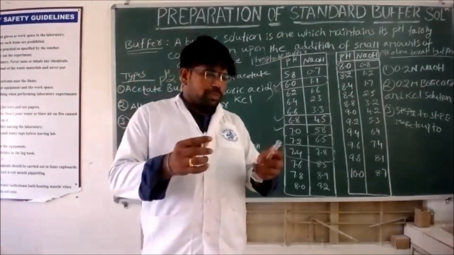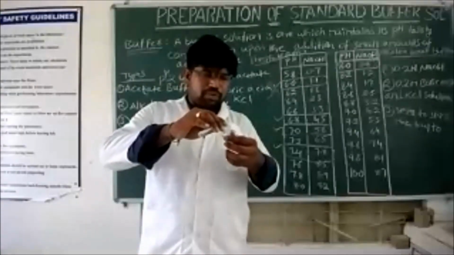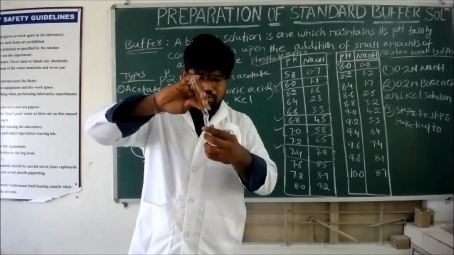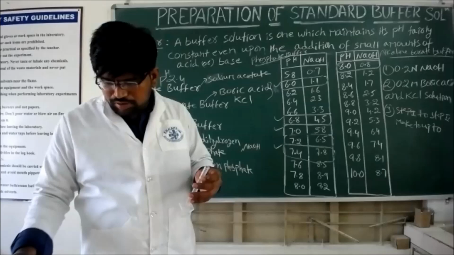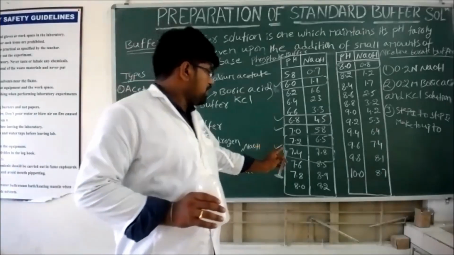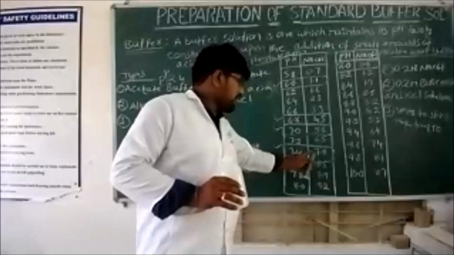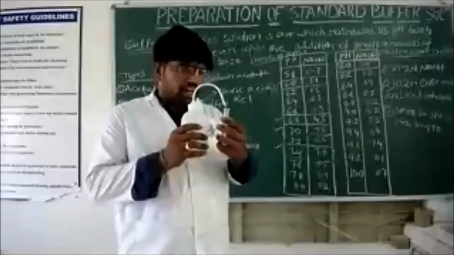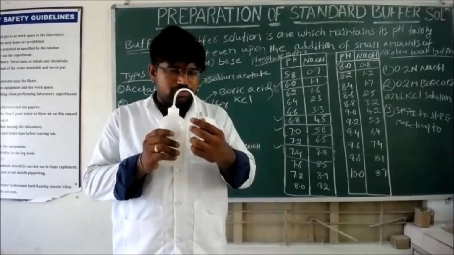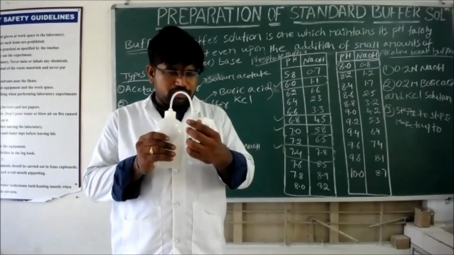After adding the sodium hydroxide solution, make up the volume up to 10 ml with distilled water. For 7.4 pH, we added 7.8 ml and previously 2 ml, so we just have to add 0.2 ml, a very minute quantity.